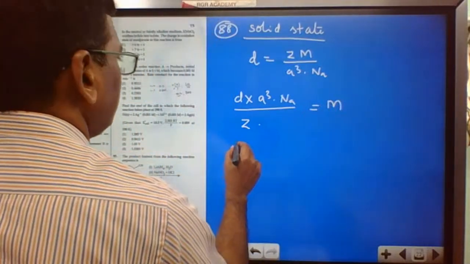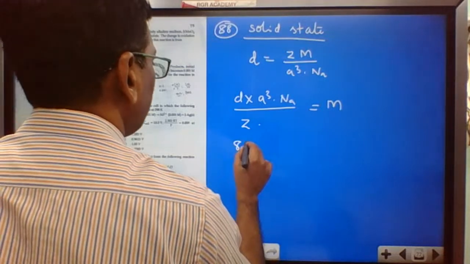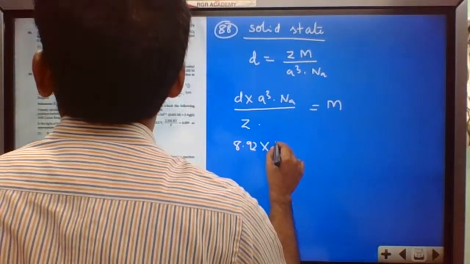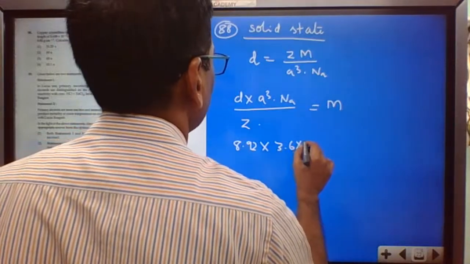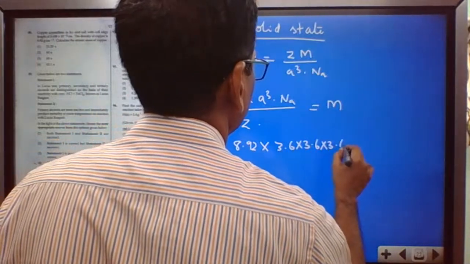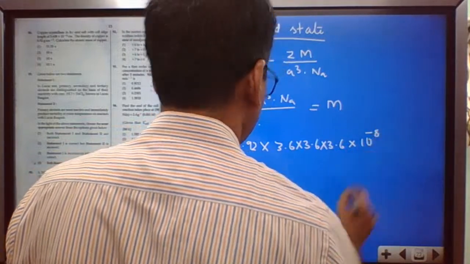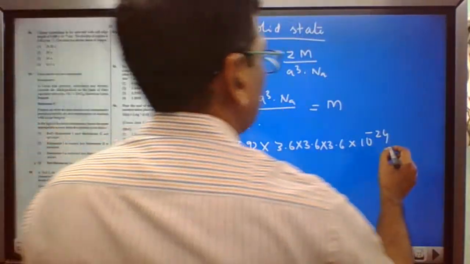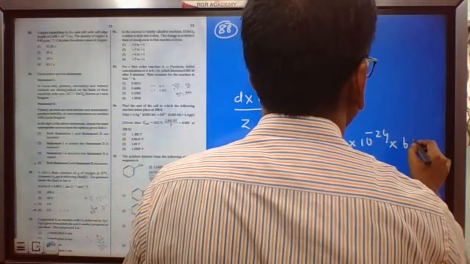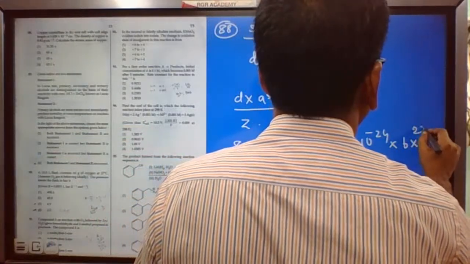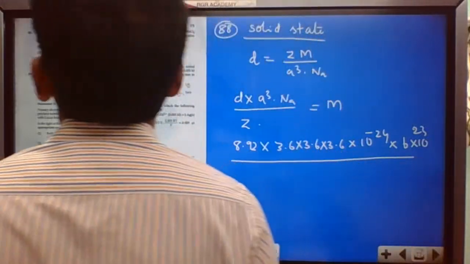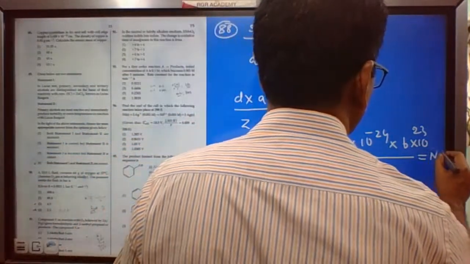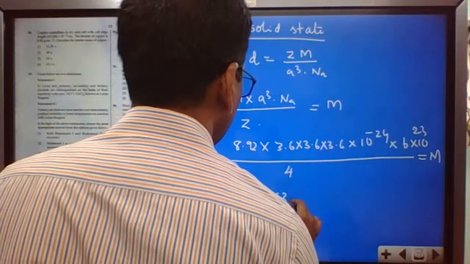D they gave, that is 8.92 into 3.6 into 3.6 into 3.6 into 10 power minus 8 whole power 3, that is 10 power minus 24, into Avogadro's number 6 into 10 power 23 divided by Z. Z is equal to face centered cubic, Z is equal to 4, that is equal to M. If you simplify that, you will get 63.1.